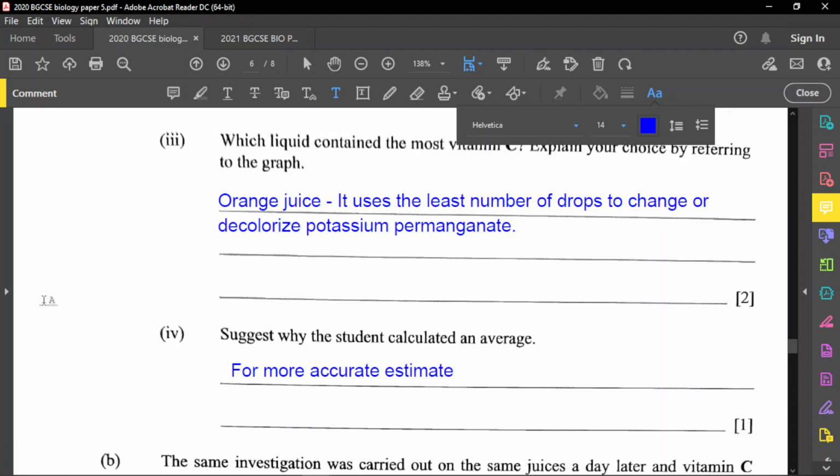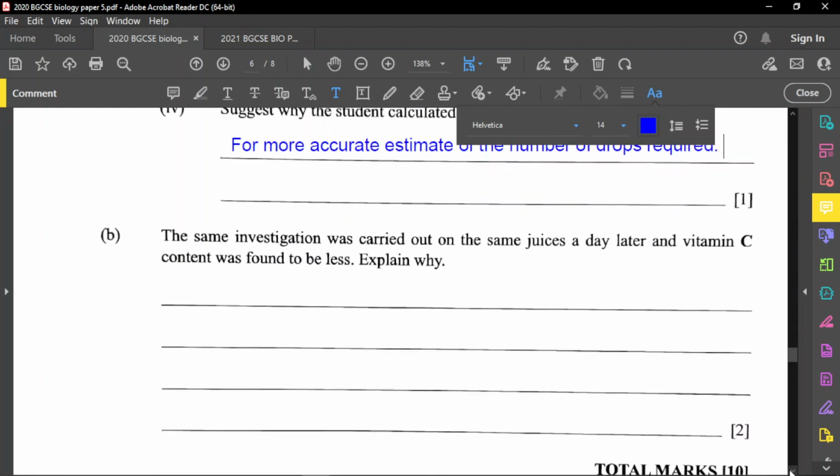A more accurate estimate of the number of drops required. So it's really for accuracy. Accuracy is the key thing.